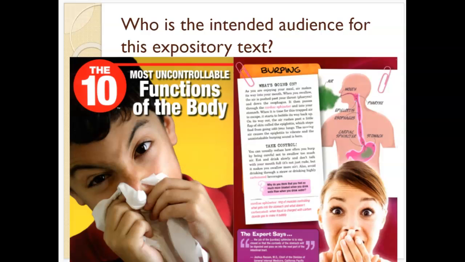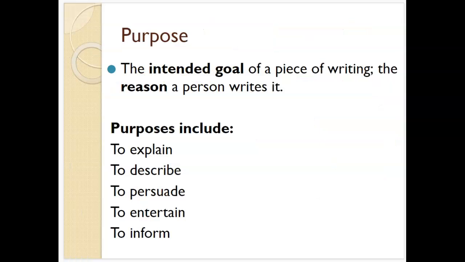Besides audience, it's important to know the purpose of a text. Purpose is the intended goal of a piece of writing, or the reason that a person writes it. So the author's purpose is generally, especially in informational text, one of these listed: to explain a particular topic, to describe a particular topic, to persuade an audience, to entertain, or to inform.